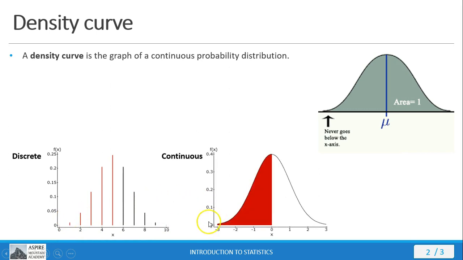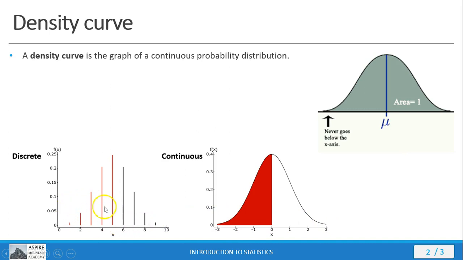Contrast that with a continuous probability distribution, where you've got continuous data. So not only do you have the same whole number of values that you would see in discrete data, but you've got every value in between. So instead of seeing a graph where you've got straight lines going up and down, now you've got a continuous curve with solid areas underneath the curve being shaded.